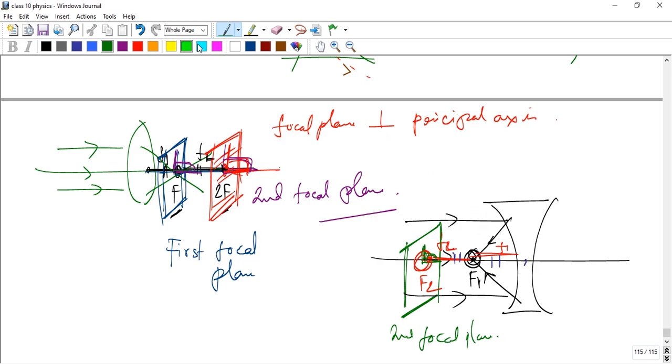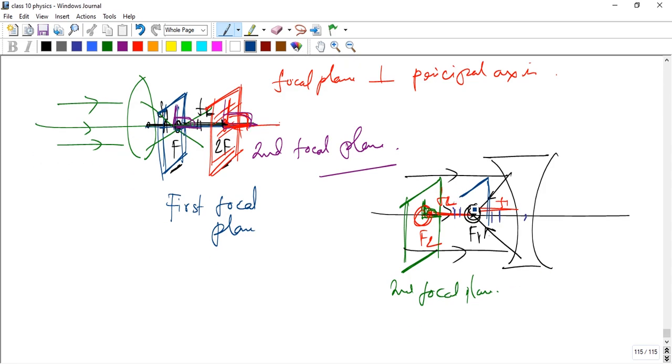And if I draw here a normal, this is called first focal plane. Okay, clear what is the first focal plane and second focal plane, and what is the focal length? That is a focal plane and that is a focal length.